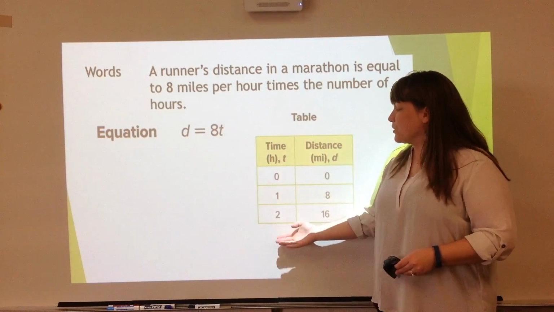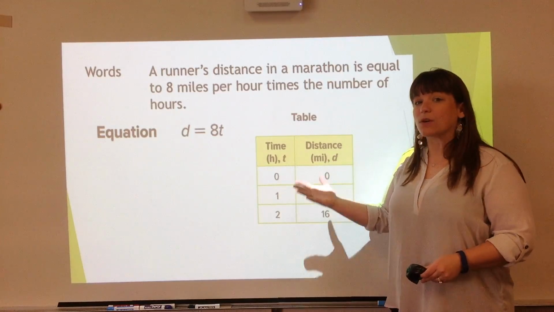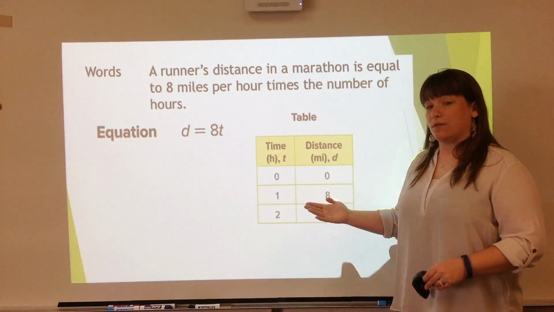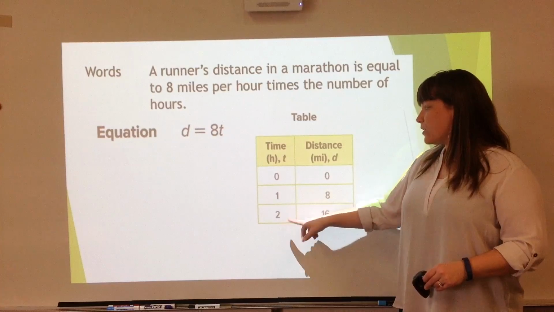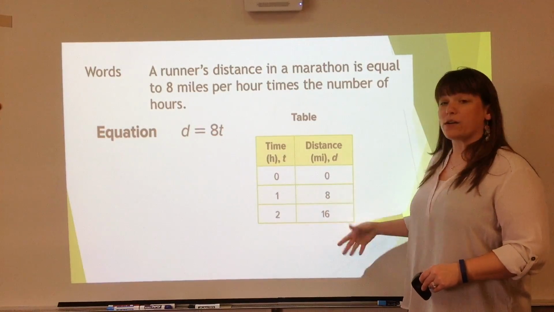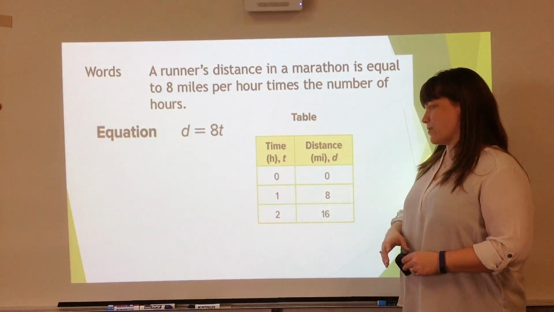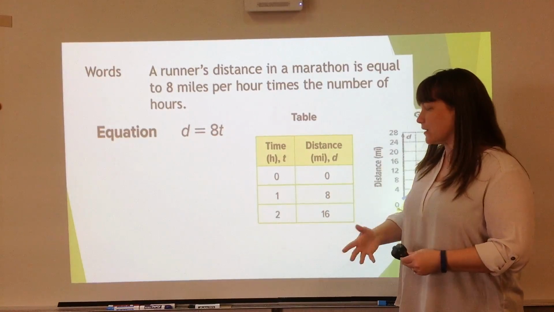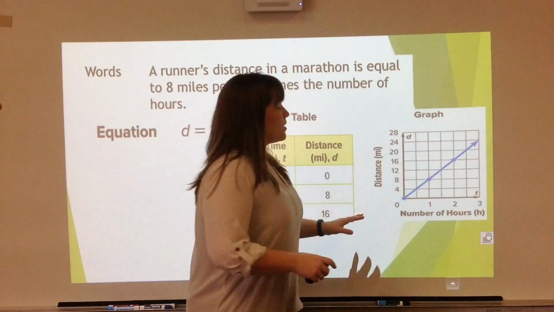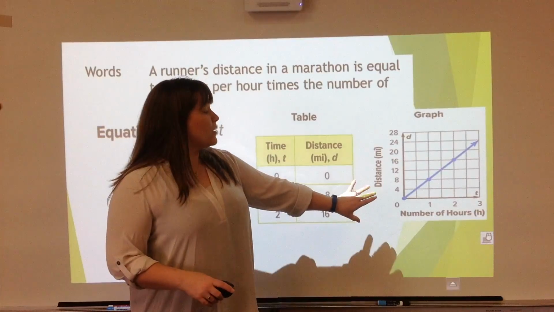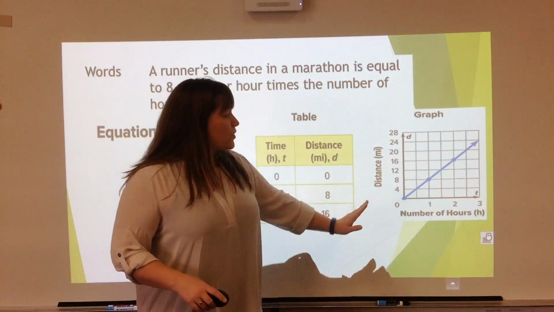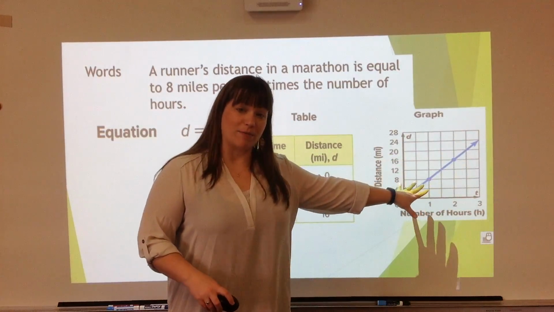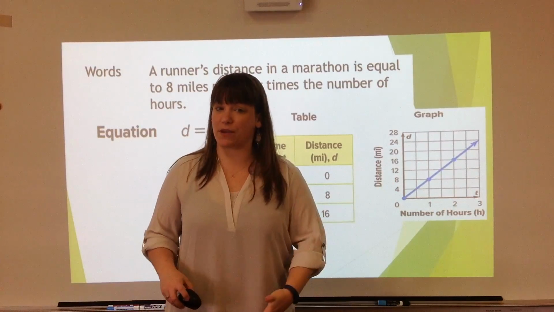We also then can track in a table form how long this runner is running for and how far, the d, the distance that runner is running. And then finally you see over here, it plotted out in ordered pairs so that we can see the picture of what's happening as this person is running, how far are they going.